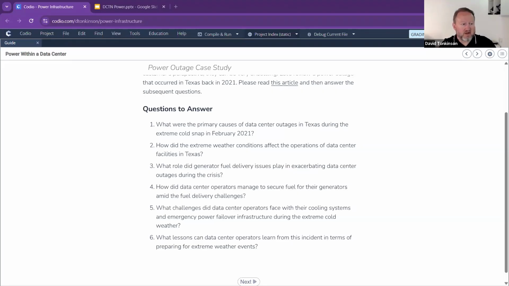Christopher says, fuel quality, no power, no cooling. Yes, exactly. You can't cool things. Sometimes it's a case of where you divert power. We deal with switching systems that can control where the power goes and which are your priority systems.